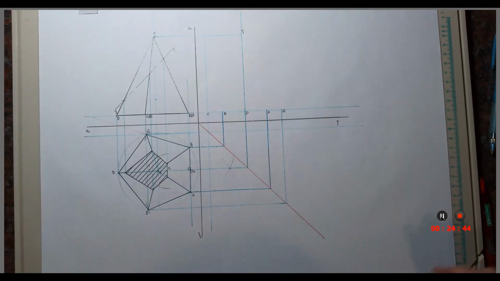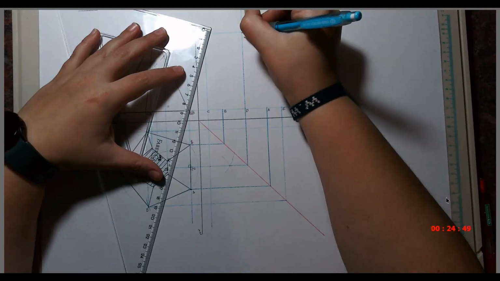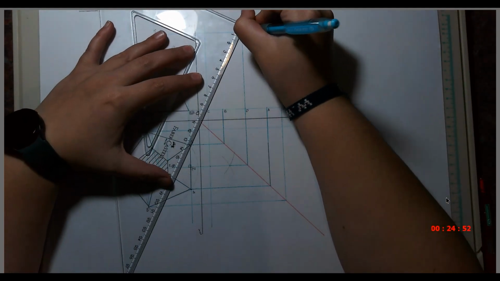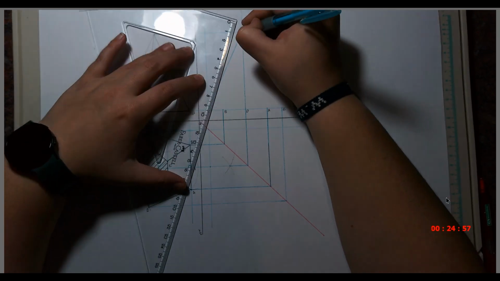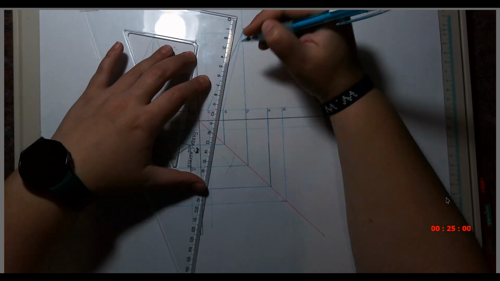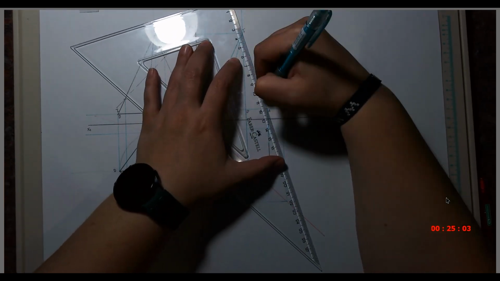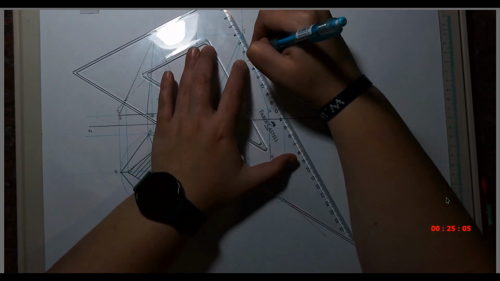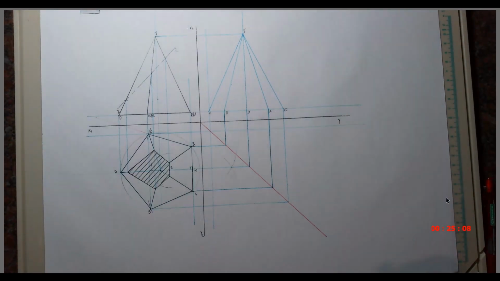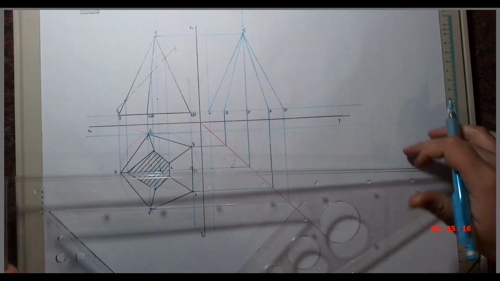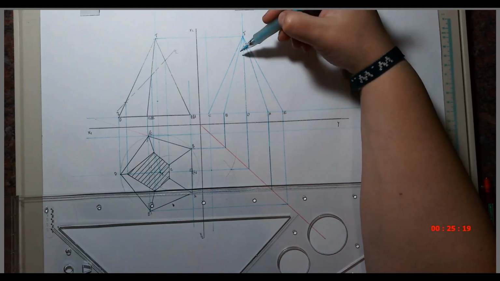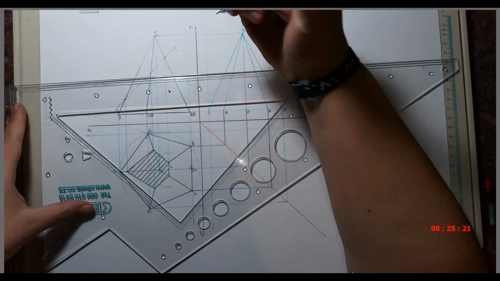So just as construction, to find my place where it's going to cut, I take all of my base points to my top point. Here we go. I have all of those points, and now I need to find the place where it cuts. So let's see. This is BT, so I take where it sliced BT.